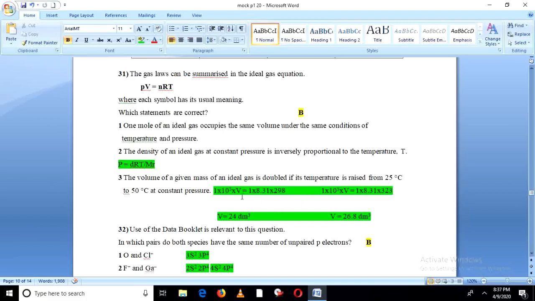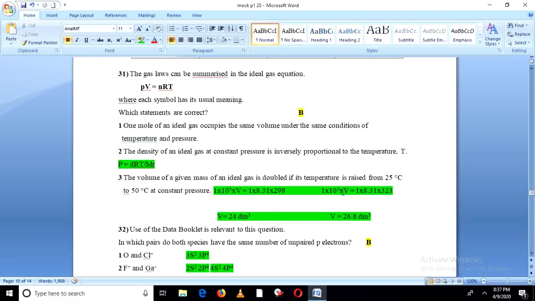I've taken 1 atmospheric pressure, or 1 × 10^5 pascals, and 1 mole, supposing the moles of the gas to be 1. R is 8.31, while the temperature, 25 degrees Celsius, is converted into Kelvin. The volume comes out to be 24 dm³.